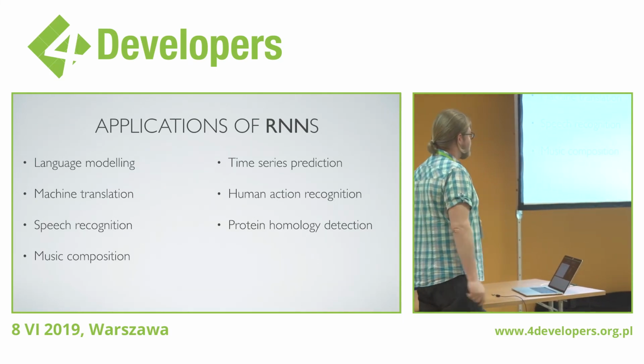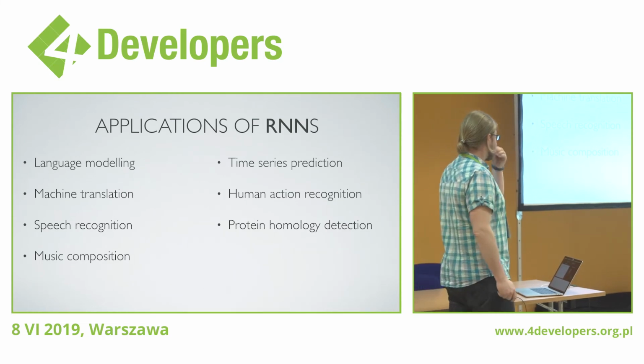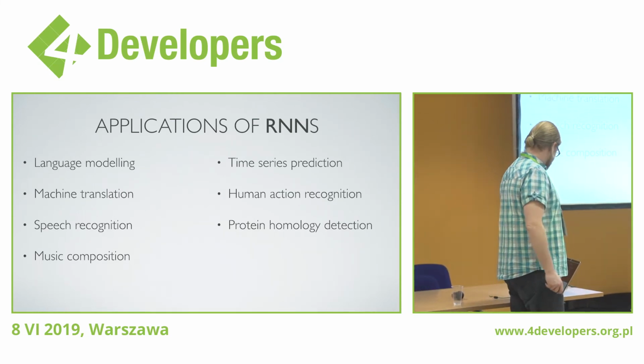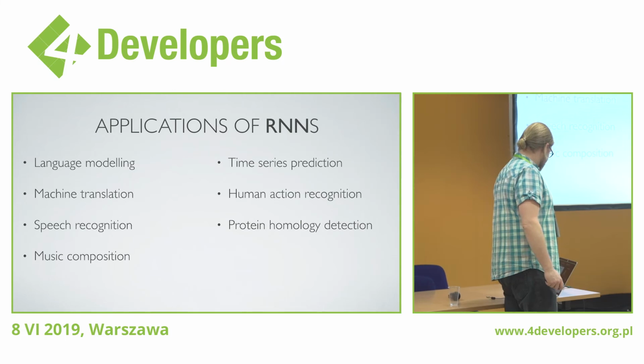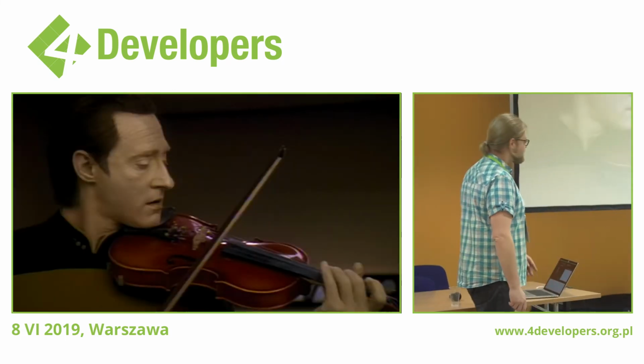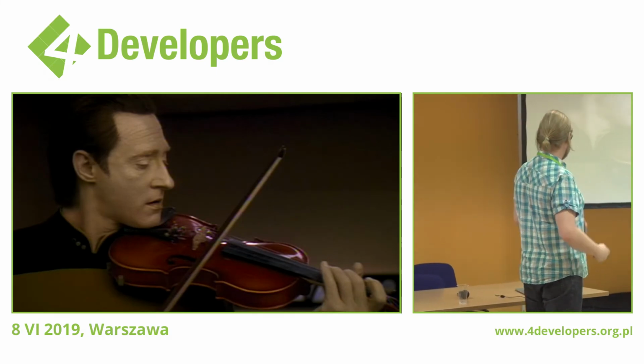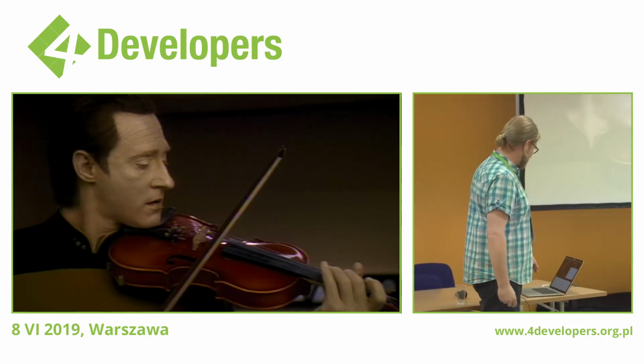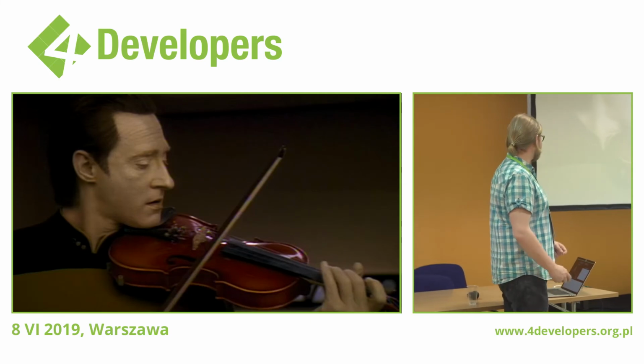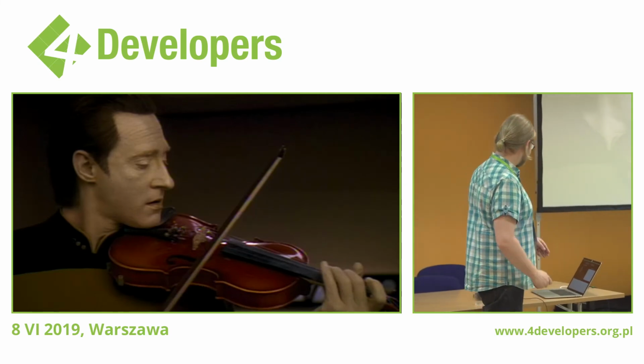And any time series prediction RNNs are useful for, and there's also multiple other applications. So if Lieutenant Commander Data played music, and he did, he also composed music, well, probably some form of recurrent neural networks were also involved in that.